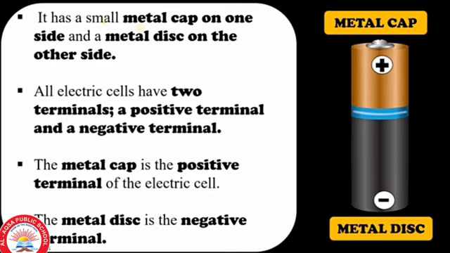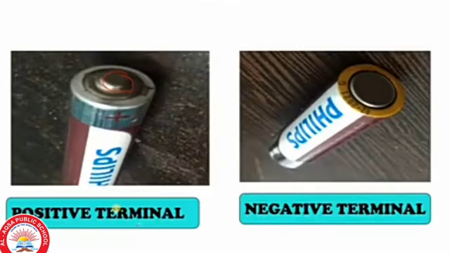The metal cap is the positive terminal and the metal disc is the negative terminal. Now you can see clearly the positive terminal and negative terminal of a cell.